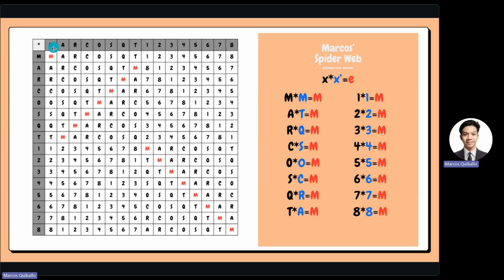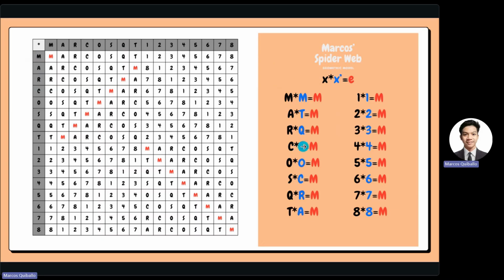For A, we look for the identity element M, and the column in the upper portion is T. So T is the inverse element of A. For R, we look for the letter M, and the upper portion is Q. This is how to find the inverse element in the table.